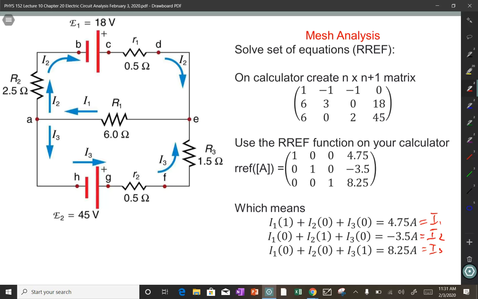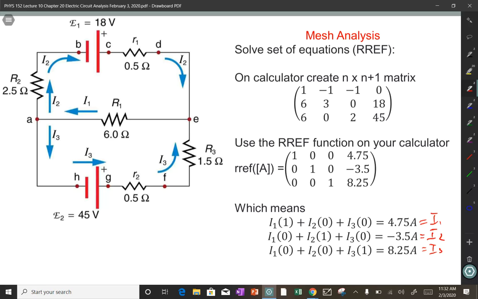I1 has to be the direction that we got because we had a positive sign. And the direction we drew has a positive sign, so it's going that way. I3 has a positive sign, so it's going to the right because that's the direction we had shown. But I2, we showed it going to the right and it's negative, so it's actually going to the left. So I1 and I2 are both going that direction, correct?